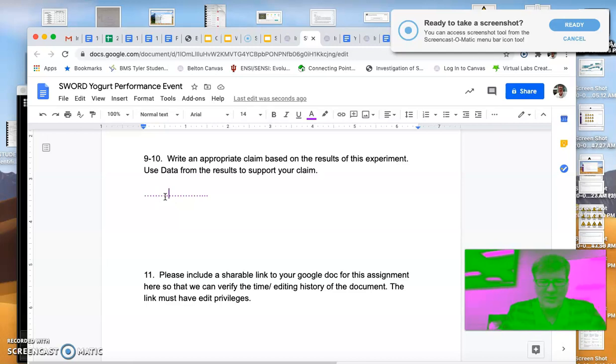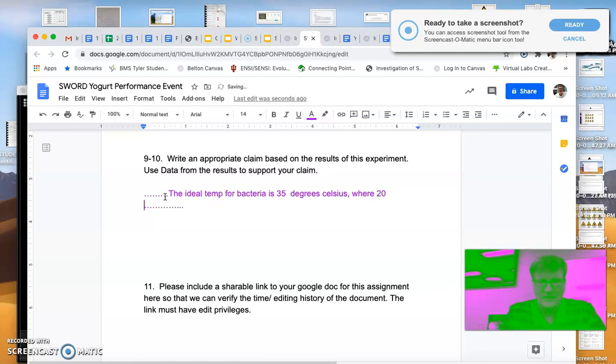My initial claim would be the ideal temperature for bacteria is 35 degrees Celsius, where 20 CFU of bacteria were grown.